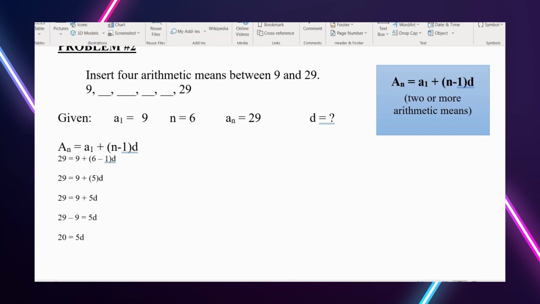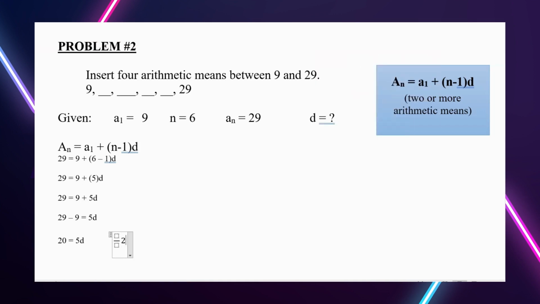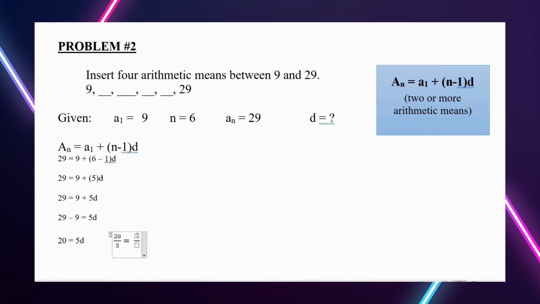So therefore, we can have 20 over 5 is equal to 5d over 5. So 20 divided by 5 is 4, and 5d divided by 5 is equal to d. Therefore, our common difference is 4.